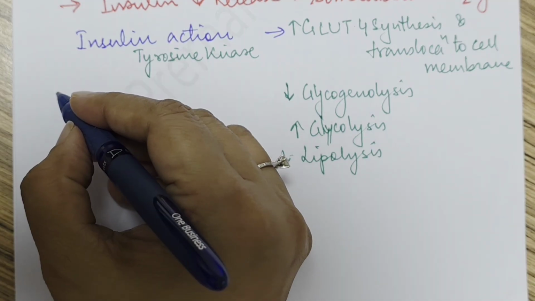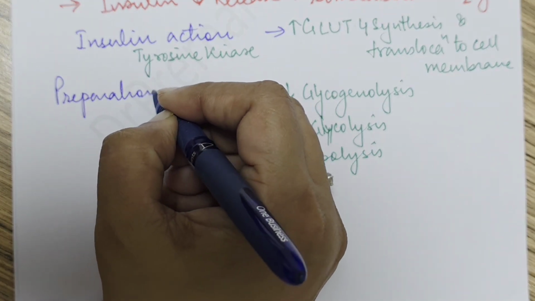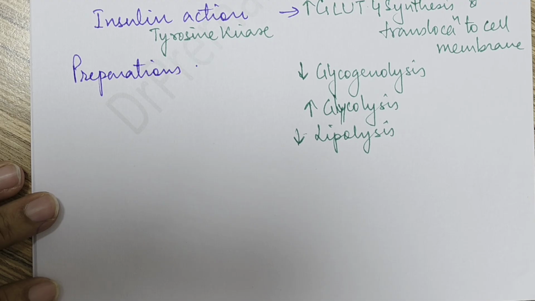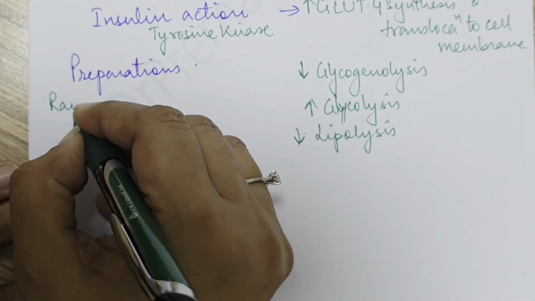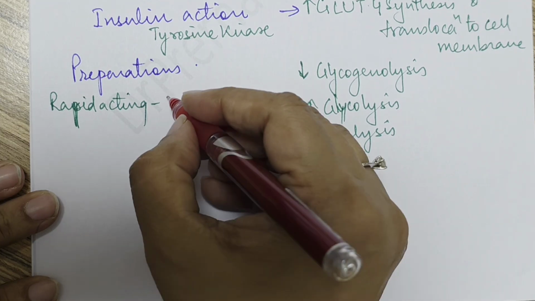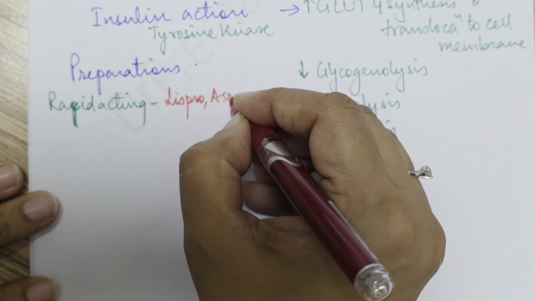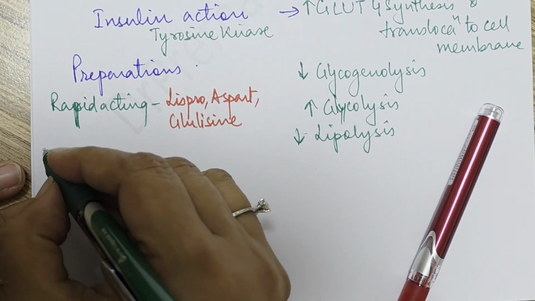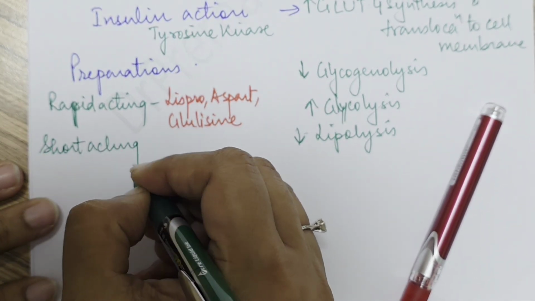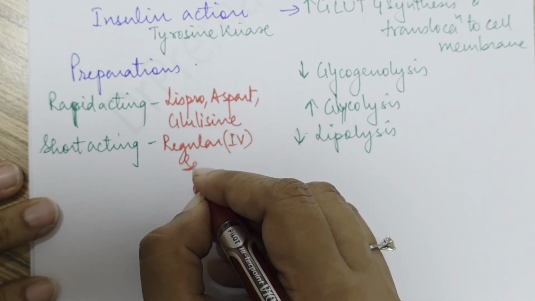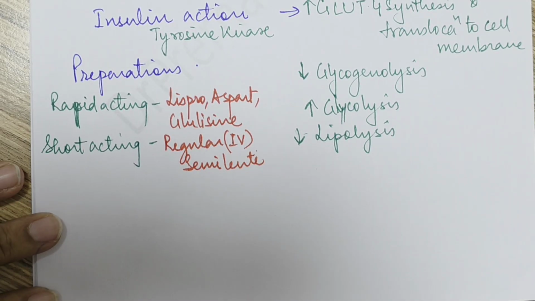Now let us come to the preparations of insulin. What are the various preparations of insulin? The first part is rapid acting: Lispro, Aspart, and Glulisine. Short acting insulin: regular, which is given IV, and semilente.